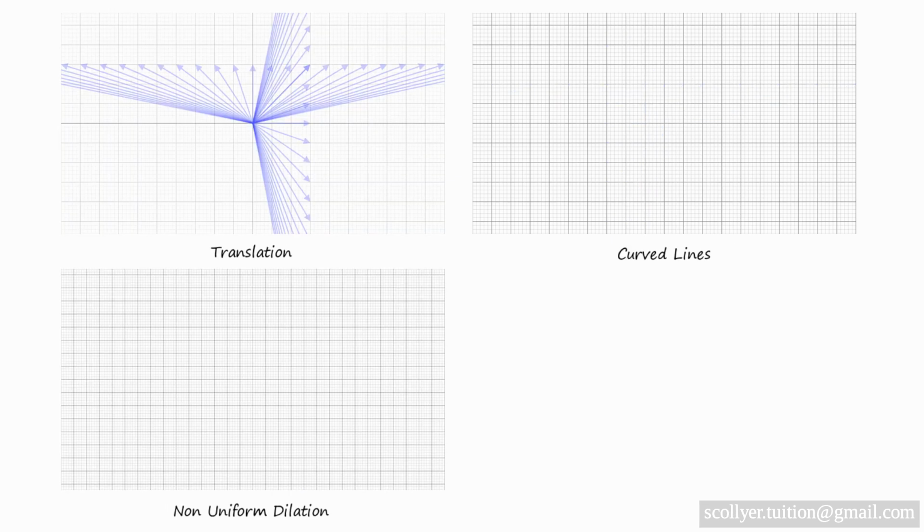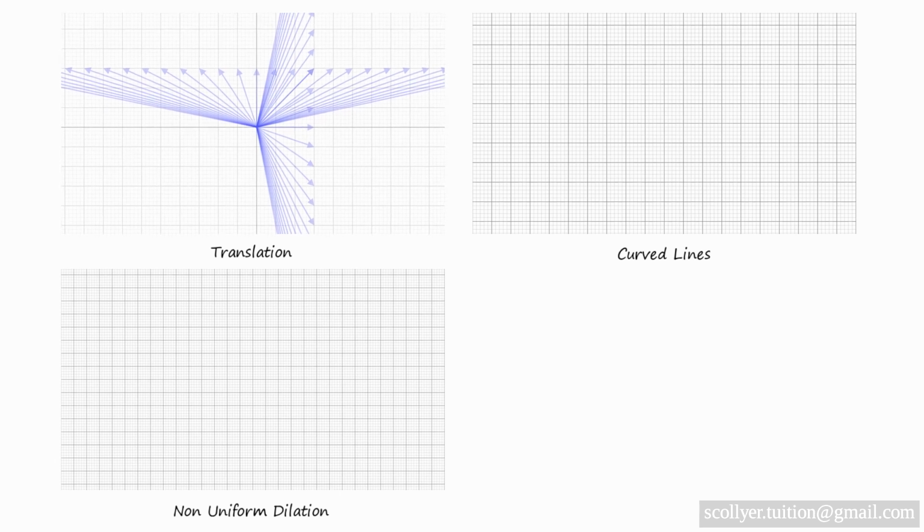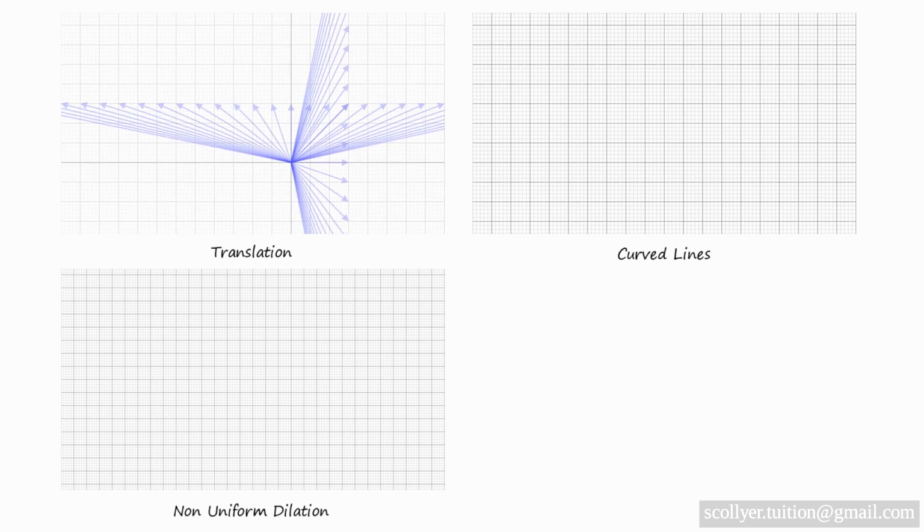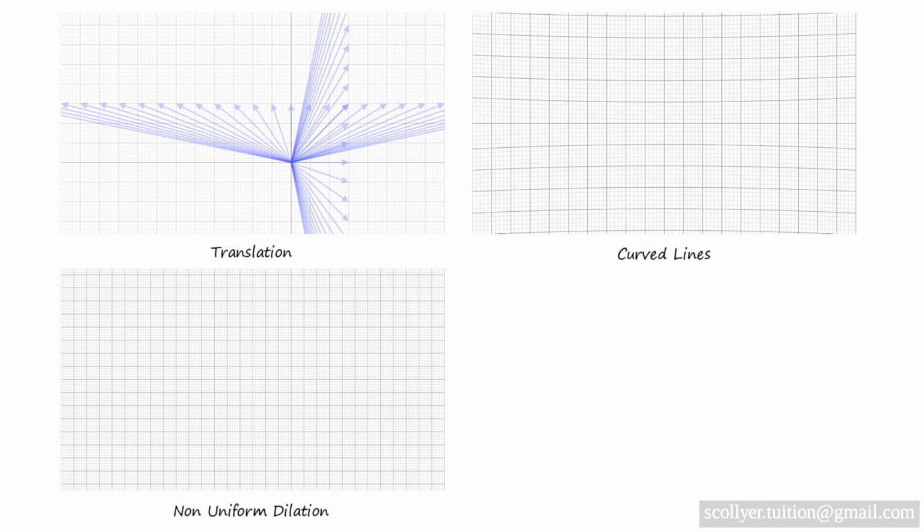And here we have 3 examples of mappings that are not linear transformations. Firstly, we have a translation. Secondly, we have a mapping that creates curved lines.